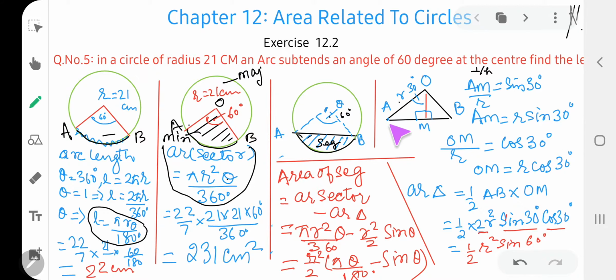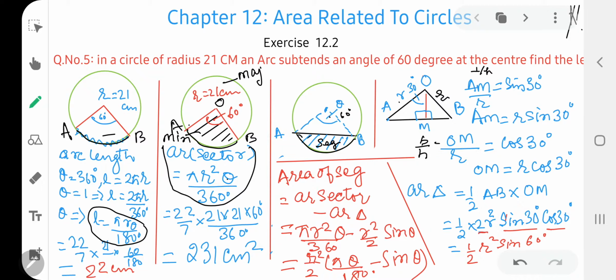Now I will double it, because this side is also a radius, so it is an isosceles triangle, and the altitude will divide the base into two equal halves. So to get AB I will double AM. Now I need to find OM. OM is the base of this triangle OAM. So if I apply base upon hypotenuse, base is OM and hypotenuse is the radius.